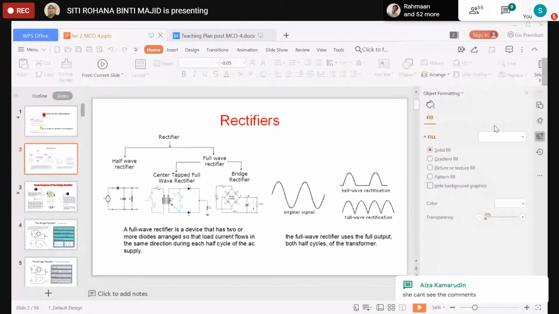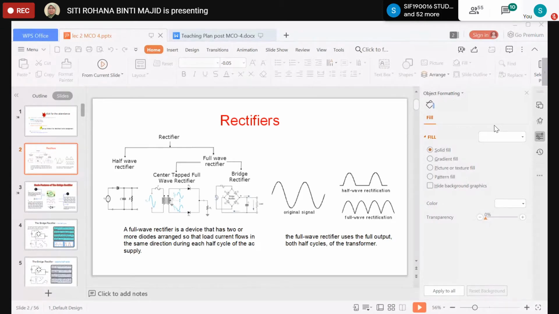But for D2, the negative terminal will create reverse bias. So at this time, D3 and D1, we already know that they will have forward bias. And when the diode is forward biased, the current will flow.